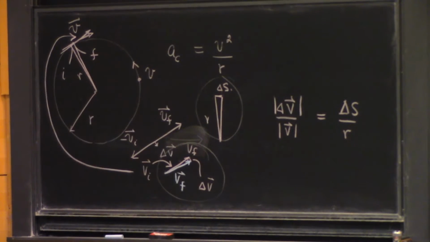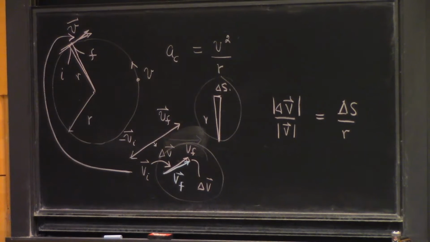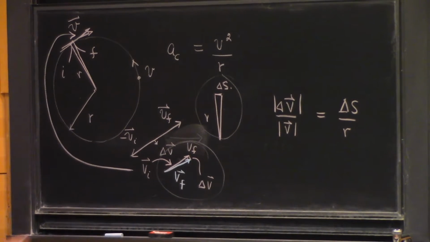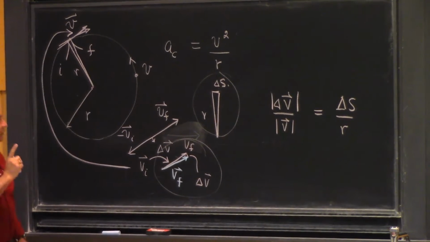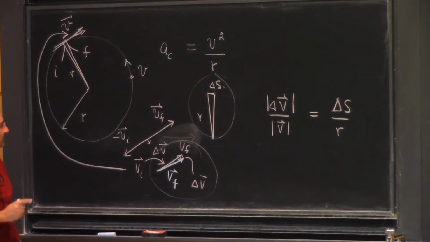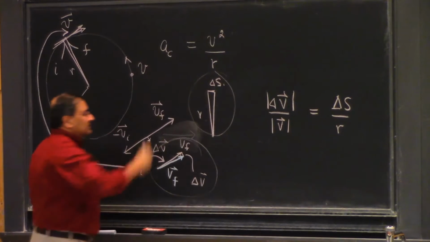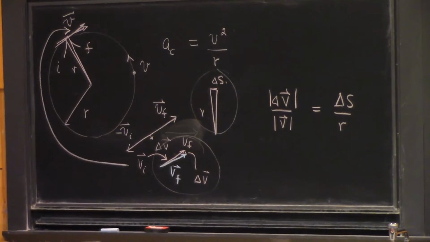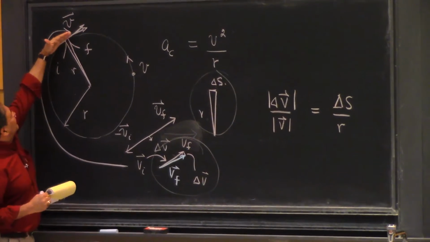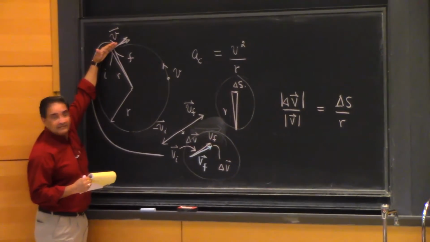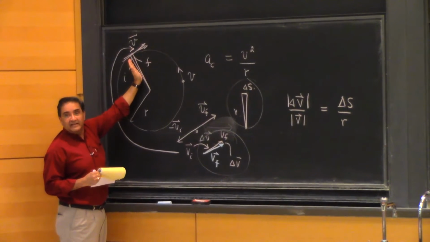So this is the trick. It's an important trick, but it's a trick. The trick is basically saying that the triangle with the vectors is similar to the triangle with R and delta S. Why should that be the case? It's very simple, because you see, this line and this line are at 90 degrees.